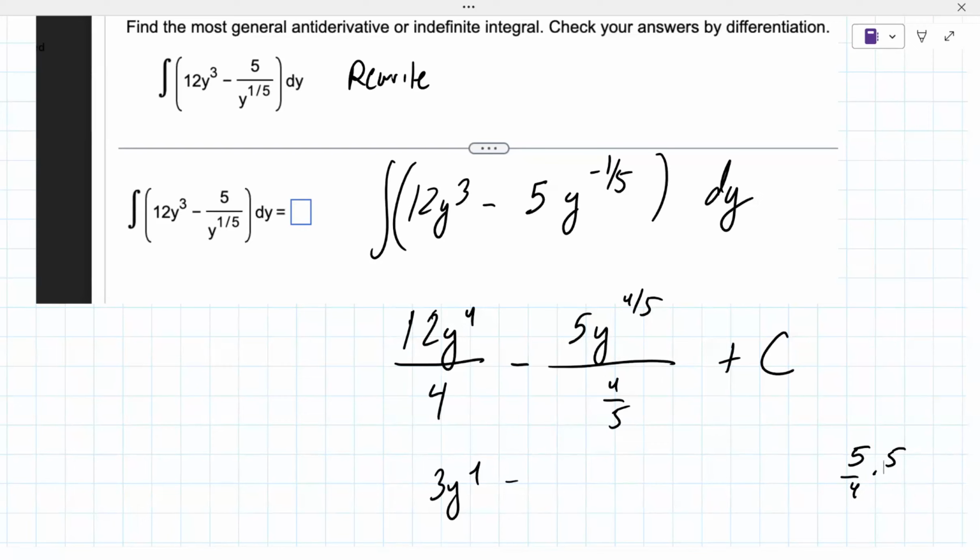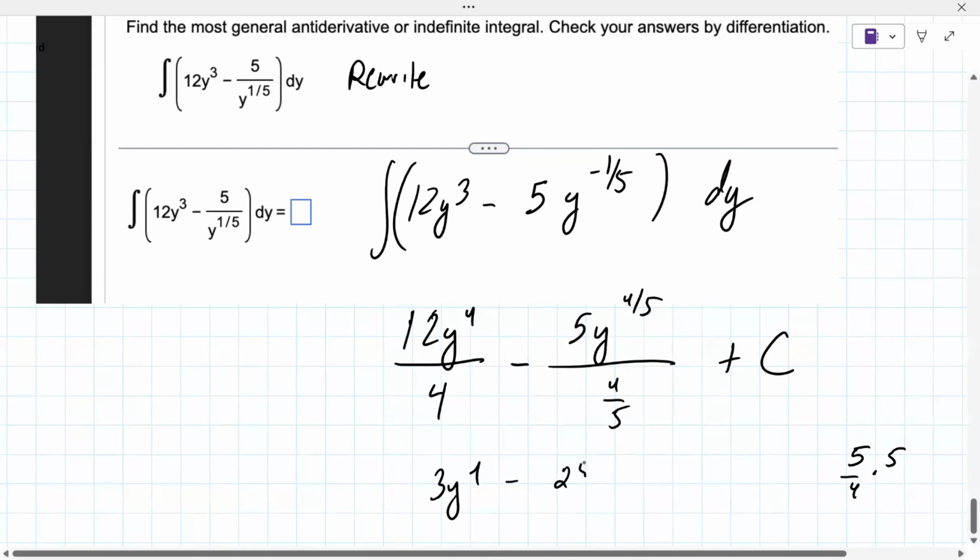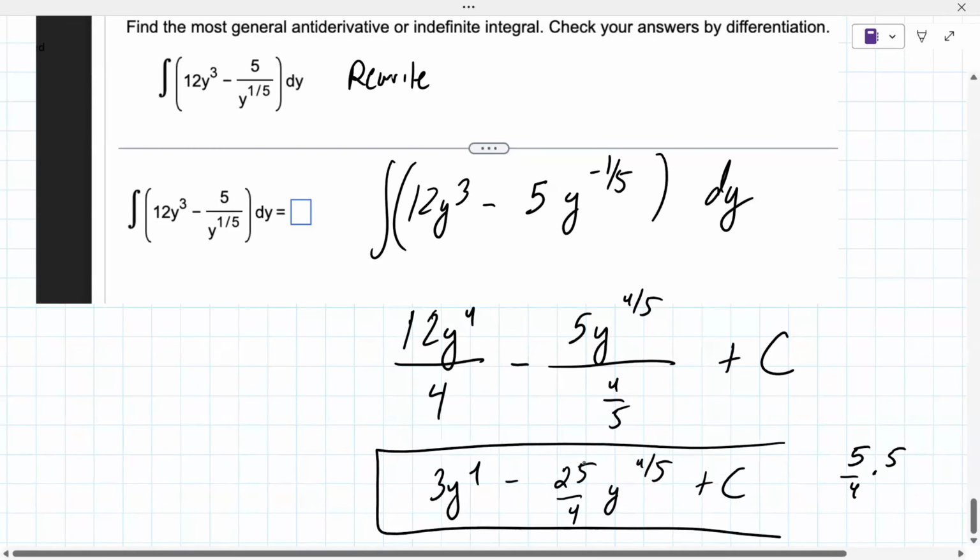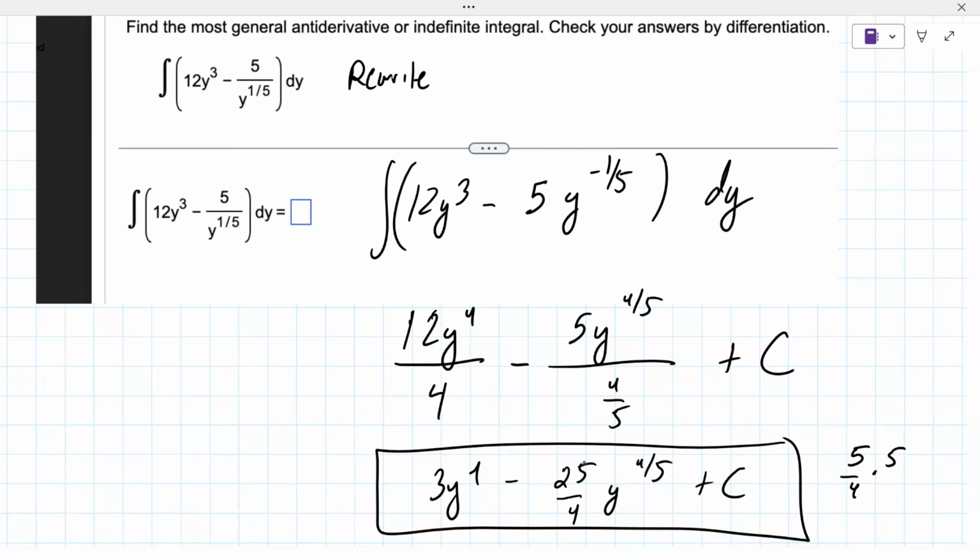I got 25 over 4y to the 4/5 plus c. Yep, good.